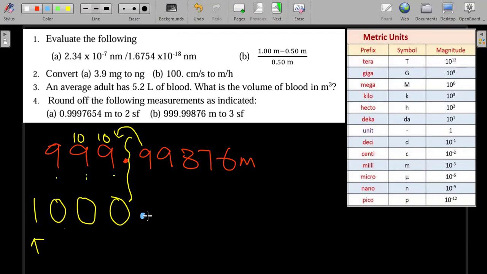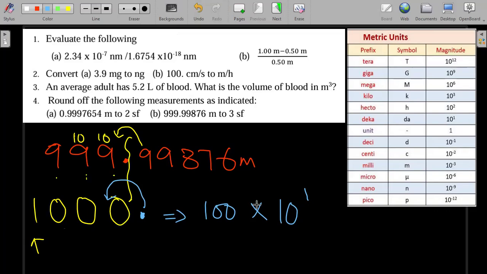So what am I going to do? I'm going to move this point one place to the left. So this number here becomes 100, times 10 to the power. I've moved one place like that, so this becomes 10 to the power 1.